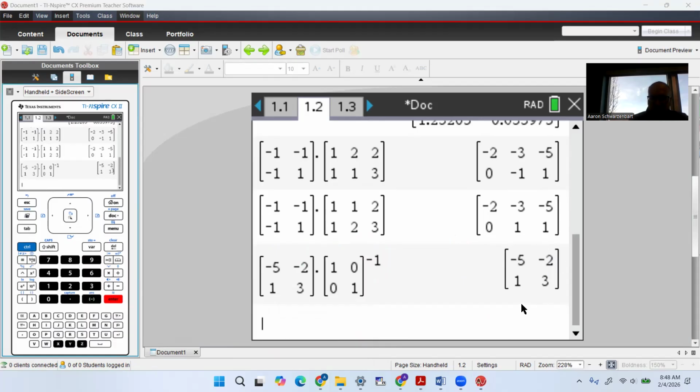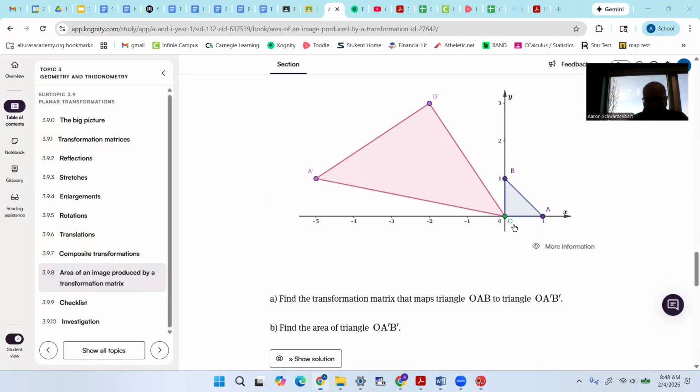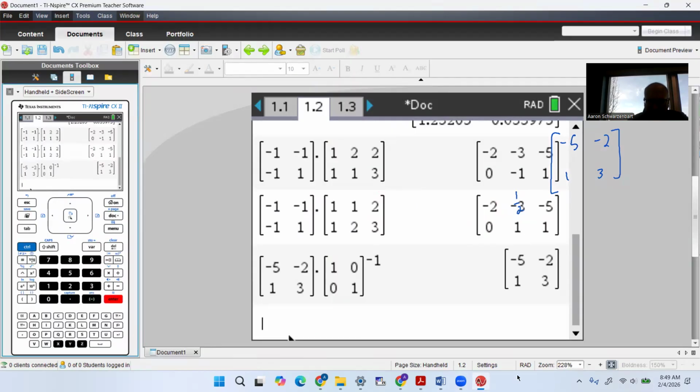So this one is my area. My small one has an area of 1/2. I think that's right. I'm going to double check that. Yes, that is the correct matrix.